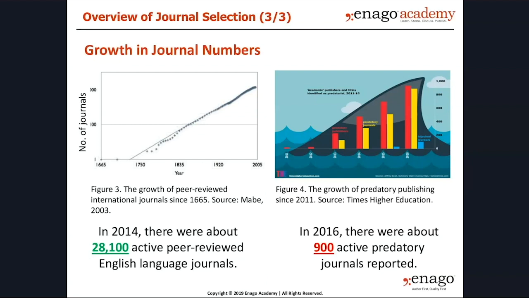And I'll talk in a little bit more detail about how to avoid those types of journals later on in the presentation. But this is foreshadowing that information that will come later.